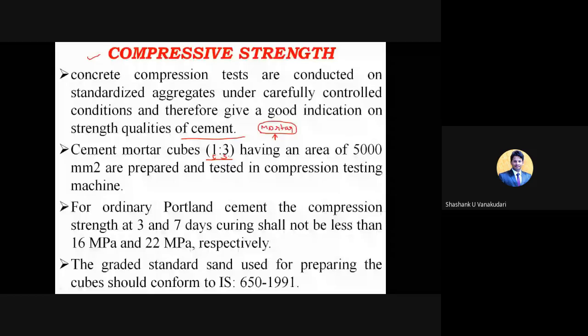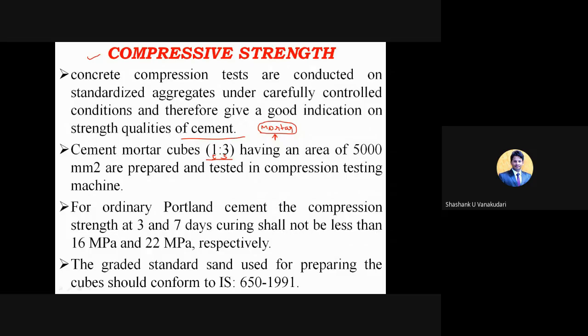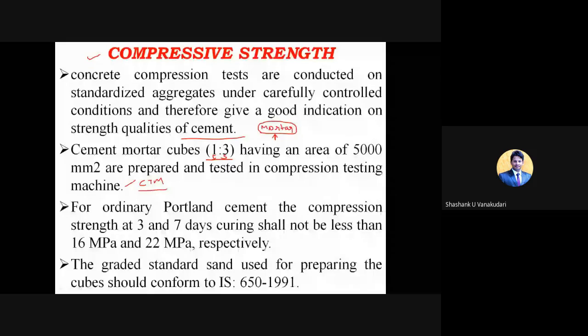Okay, so that is having an area of 5,000 mm square, which are prepared and tested in the compression testing machine. That is by using the CTM machine, which you have used in the third semester BMT lab. By using that machine, we can test these cubes, and then we can check the compressive strength of this mortar.